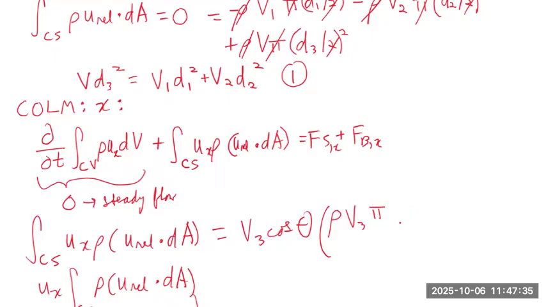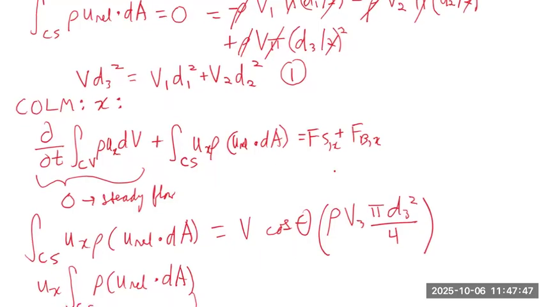D3 over 2, all that squared, is actually D3 squared over 4, so we write it as such. And we actually called it V, so let's keep it consistent.